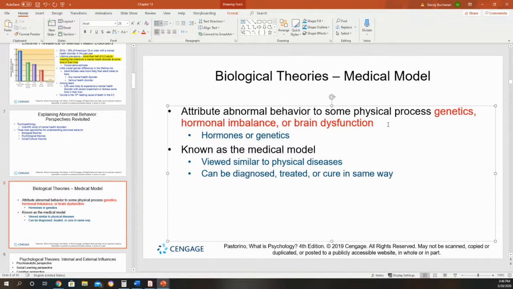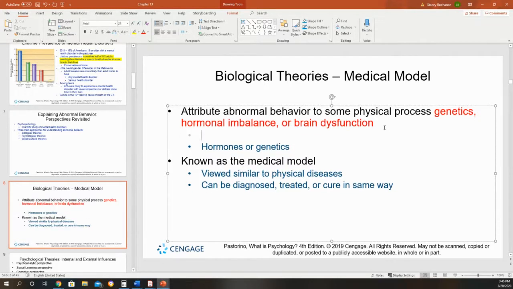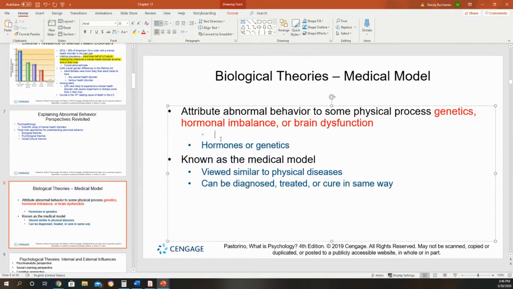So someone who takes a biological or medical model approach to understanding abnormal behavior may say depression is due to a hormonal imbalance.